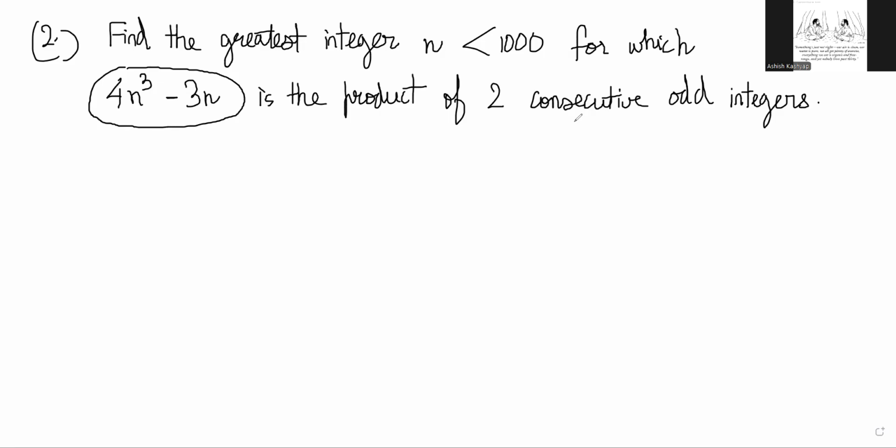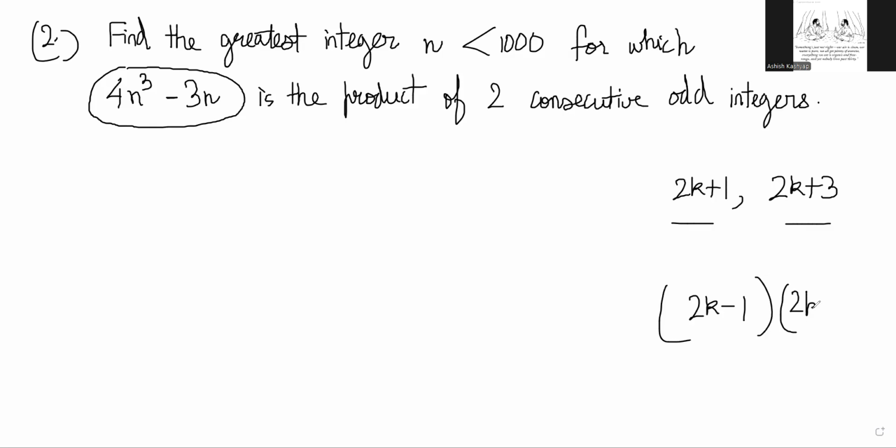Odd numbers always are in the form 2k plus 1. So you can take odd numbers like 2k plus 1, 2k plus 3. These are two consecutive odd integers. However, the better way to choose two consecutive odd integers would be 2k minus 1 and 2k plus 1, because there you can use the identity a minus b times a plus b is a square minus b square, right?